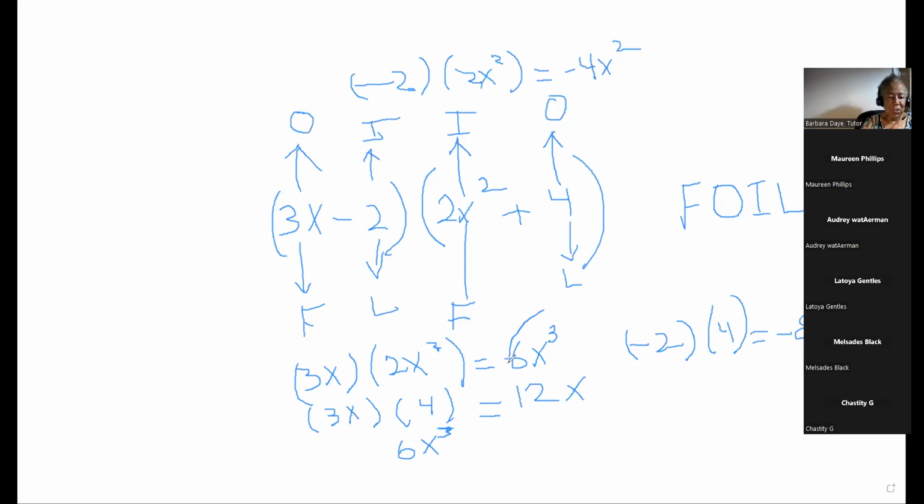What goes next, Audrey? So we took this one. What's next? Minus 4x to the second. That's the next size. Remember, always write your polynomials in standard form. So that's minus 4x to the second. Okay, and what's next, Audrey?